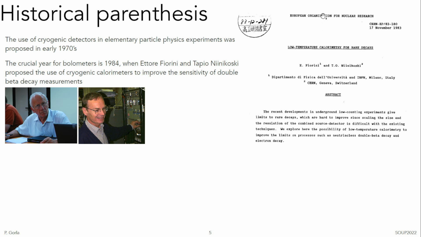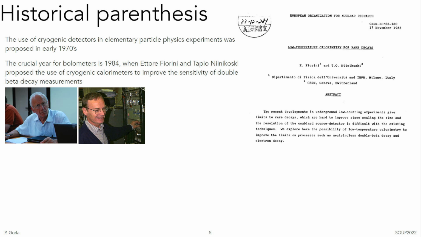This is the preprint of the paper, published originally as a preprint of CERN, in which they proposed to use cryogenic calorimeters as a single radiation detector, so to detect the energy of the single interaction, not as a measure of the integrated energy as was used before.